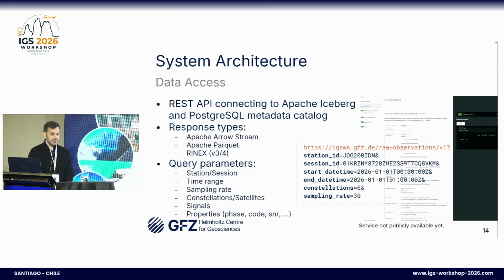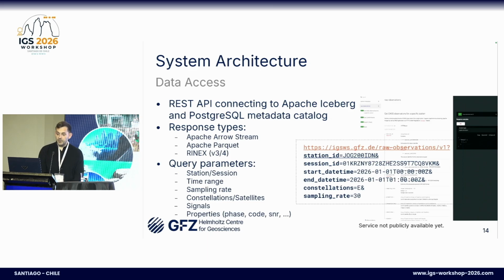All right, we also built a data access API, which is then connecting to the Apache Iceberg PostgreSQL metadata catalog. We support response types for Apache Arrow, Apache Parquet, and currently RINEX 3 and RINEX 4.